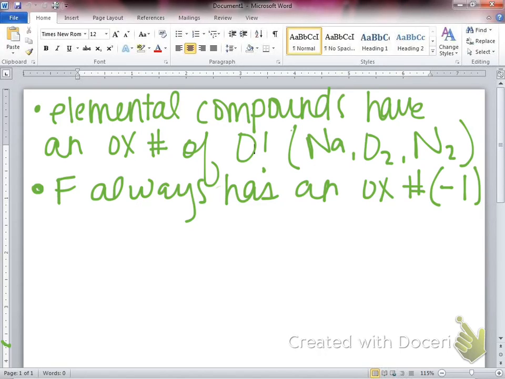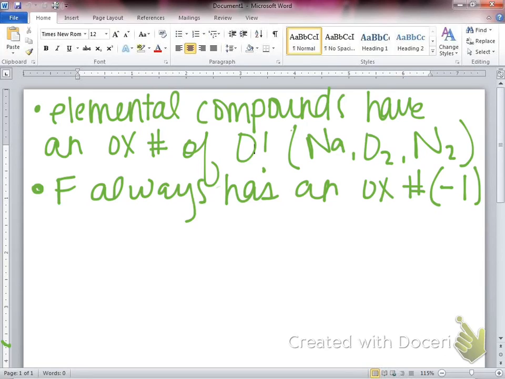It always gets to keep its true charge as its oxidation number when it's in a compound. And it's because fluorine wants electrons more than any other element on the periodic table, so it's always going to have those electrons shaded towards its direction.